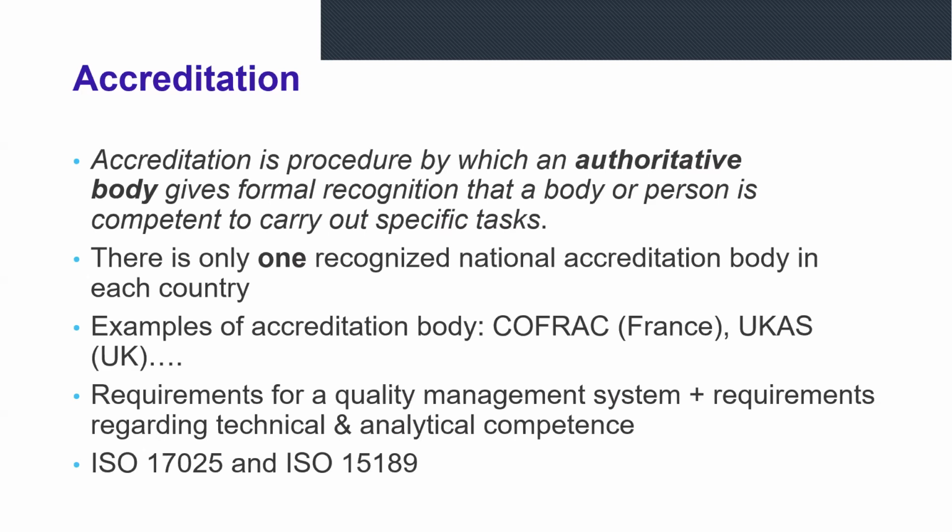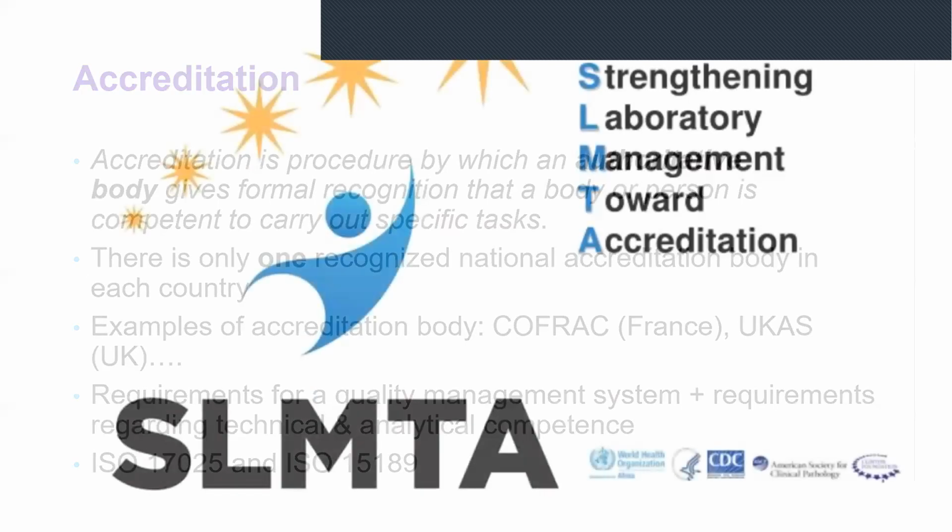Okay, and this is usually based on the quality management system plus requirements that are technical and analytical, and they are based on ISO 17025 or ISO 15189. So you have the combination of the two ISO families there. Okay, so you can see how the accreditation body is usually only one.